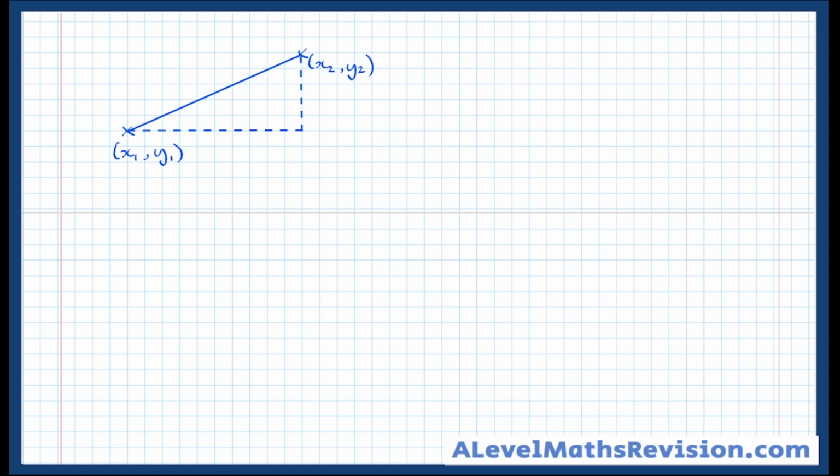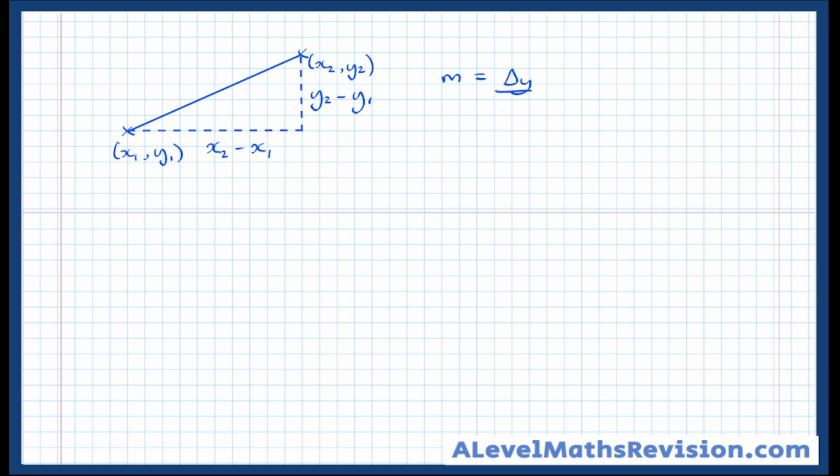So this distance here, the horizontal distance, we saw before was simply the difference between the x coordinates. So x2 minus x1, same for y, y2 minus y1. Now the formula for gradient, typically represented by the letter m, is the y difference over the x difference.